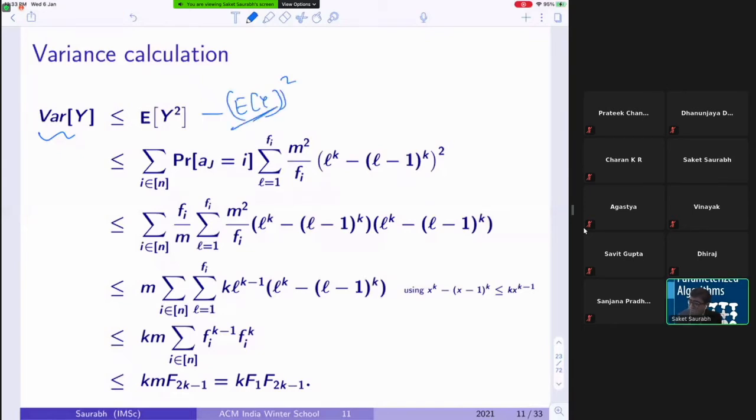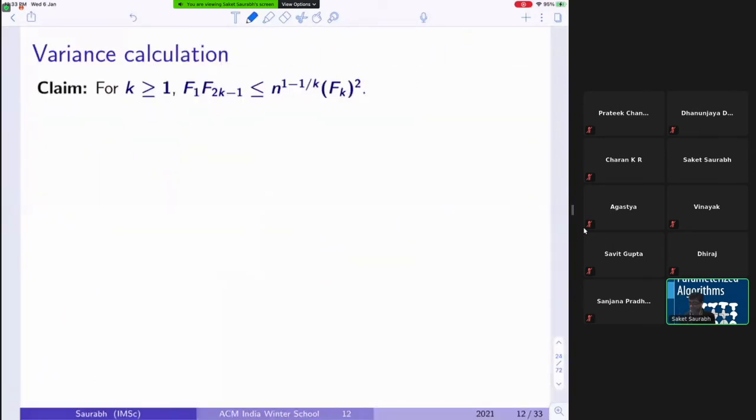But this is some positive quantity, so you forget it. You can upper bound the variance of y with the expectation of y square, and we just saw that it is upper bounded by k F1 times F_{2k-1}. You could have also shown this inequality using other inequalities, but I chose to tell you with this.